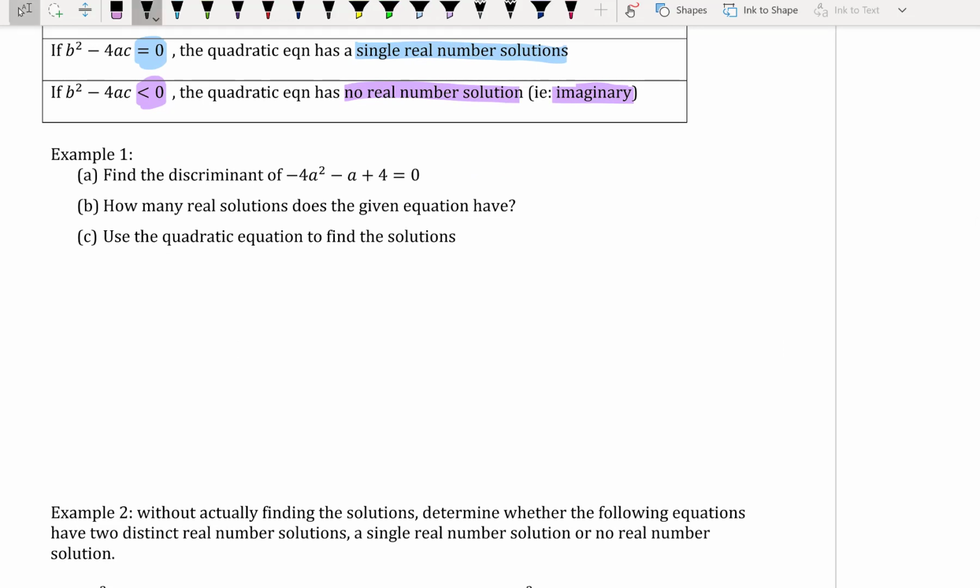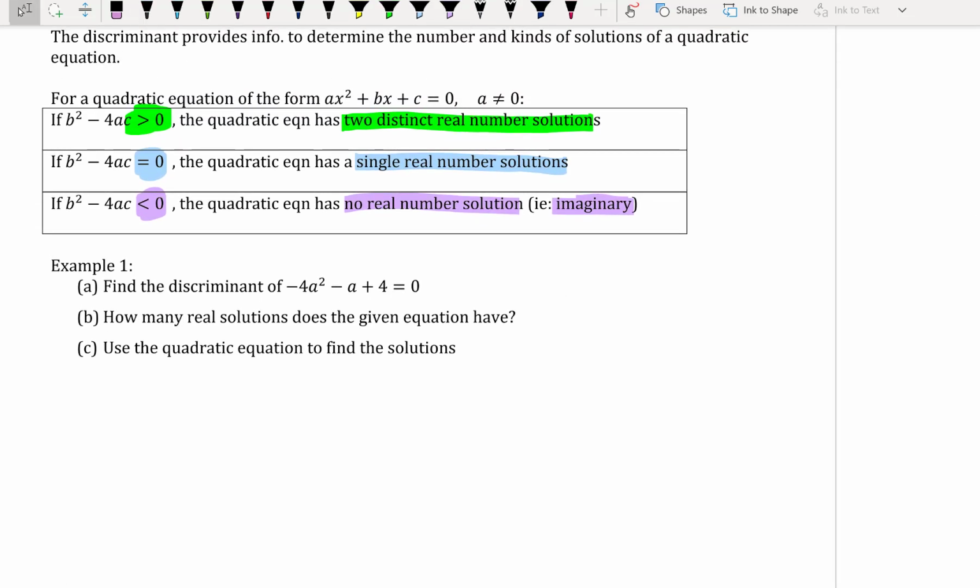If I'm thinking about the discriminant, remember, I'm thinking about b squared minus 4 times a times c. So here, I'm going to plug in my values.